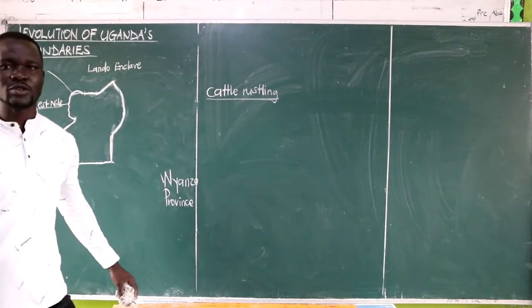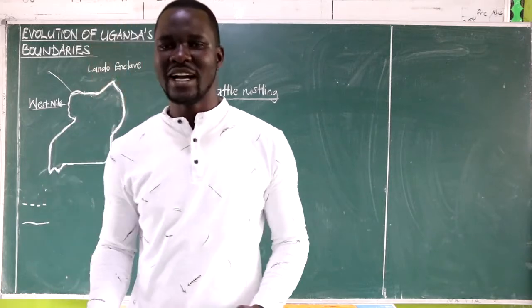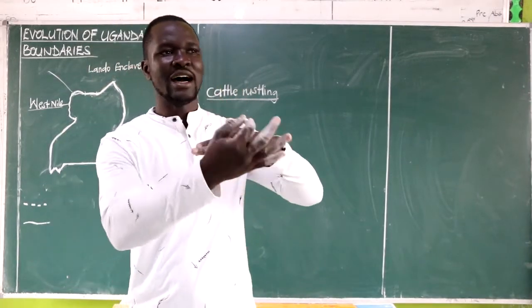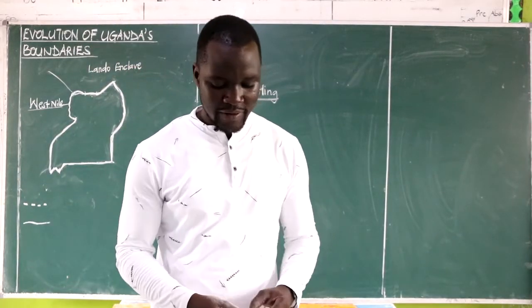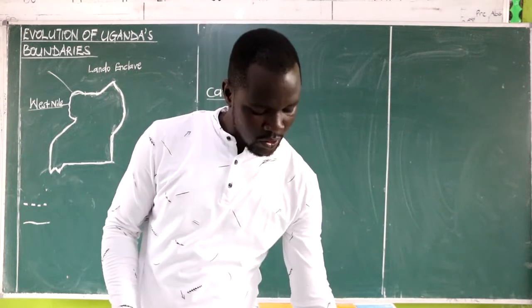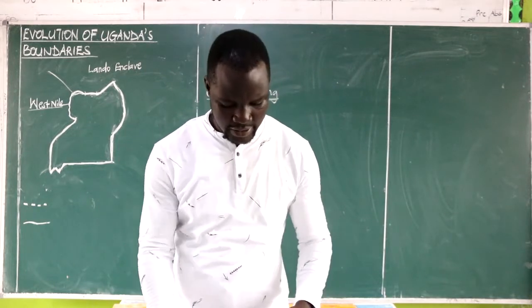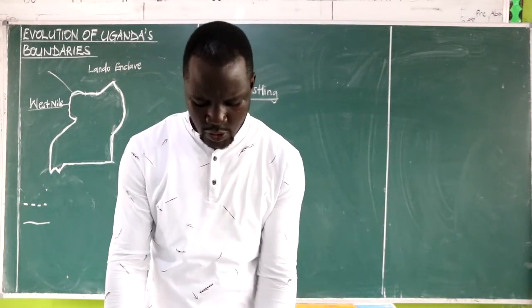So that is about the creation of Uganda's boundaries, or how the boundaries in Uganda were fixed. We can also call that fixing of Uganda's boundaries. Now, there is something that we are going to look at.